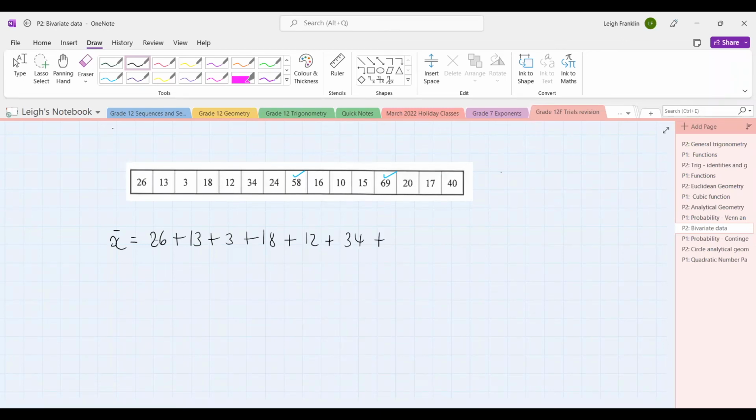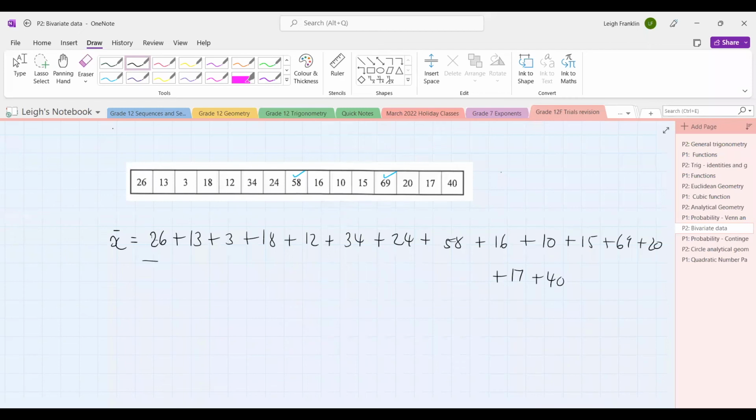Okay, so in this case, we're going to add 26, 13, 3, 18, 12, 34, 24. I'm just going to put them all here together, 24, 58, 16, 10, 15, 69. I'm running out of space now, sorry. 20, 17, 40.